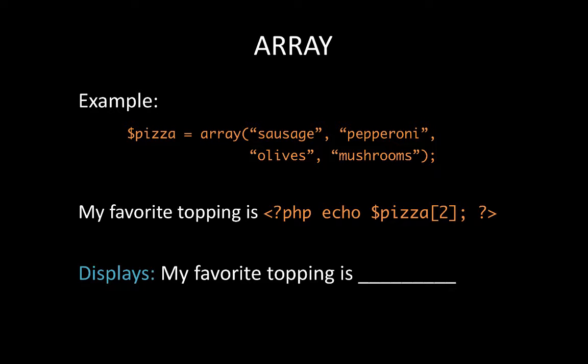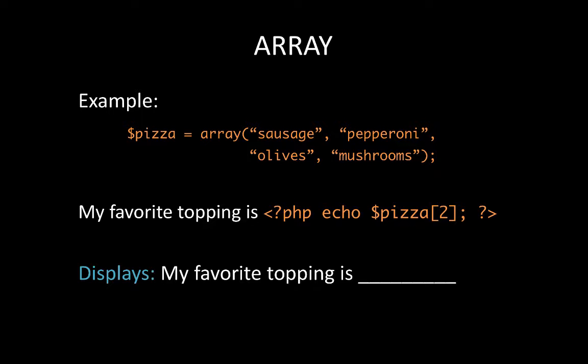So if we look at the example directly below it, where it says, my favorite topping is, and then it opens up a PHP statement and says echo, and this is how we show the value that we want to have displayed. So we have the variable followed by a square bracket and a number.